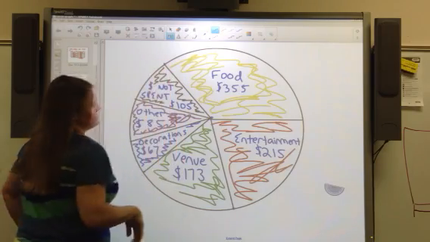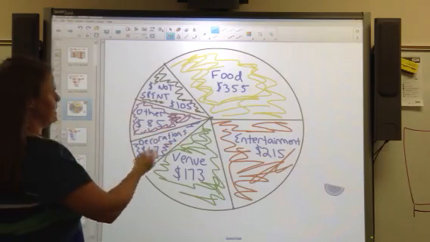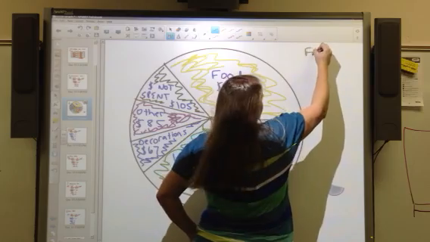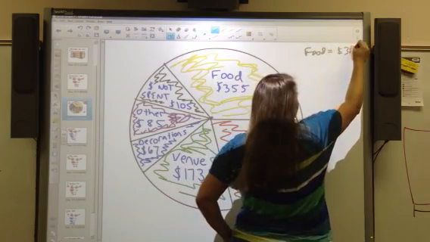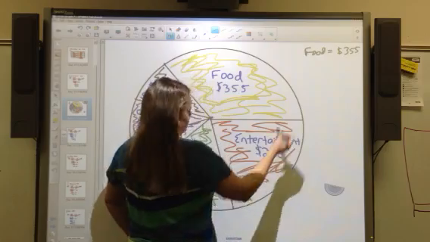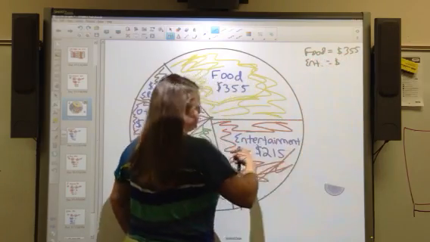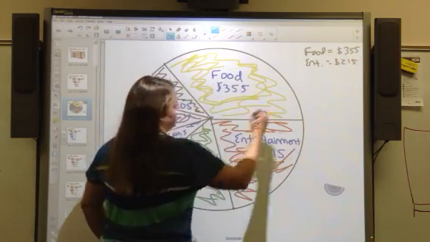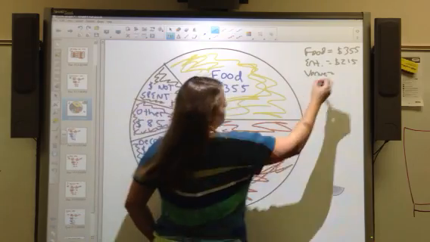And again, you would shade this in because you would basically have another key, like I was saying over here on the side. You would say food equal this much. You would say entertainment. And you wouldn't have to write in the actual circle graph, if you see what I'm saying. Entertainment. Venue was 173.